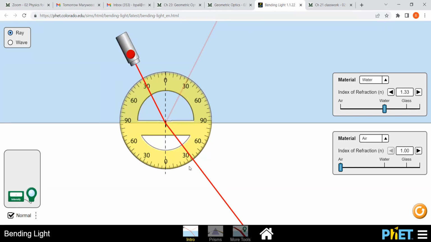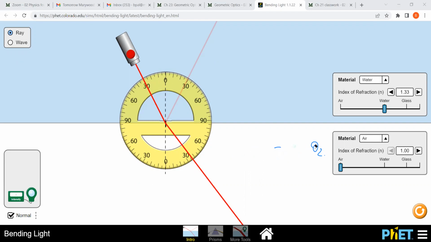If I write it down here, it will be n1 sine theta 1 equals n2 sine theta 2. That's why if it is 30, the refracted angle should not be 30, because it follows this rule, not just theta 1 equals theta 2.